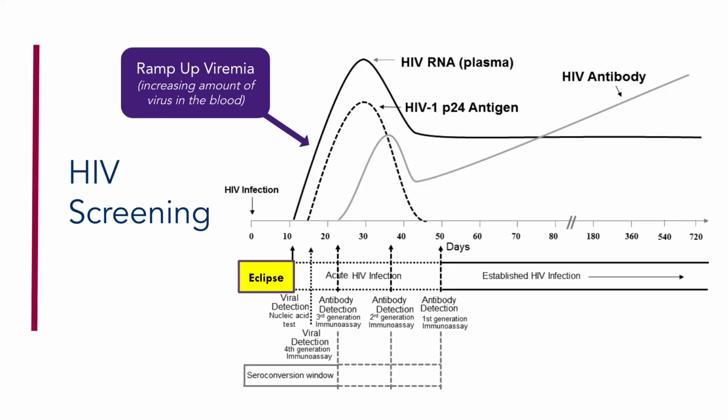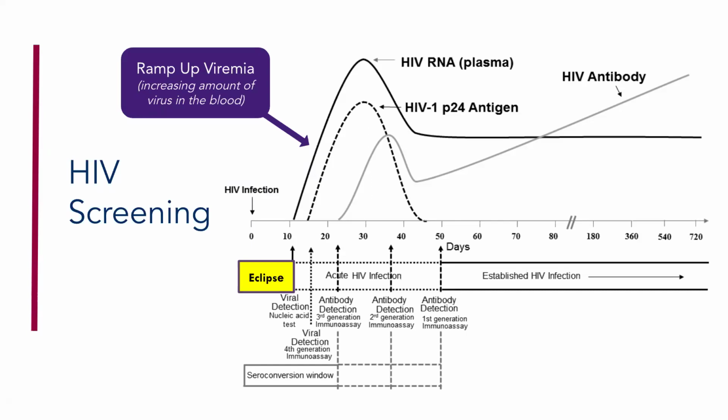So the next test that becomes positive is the P24 antigen. That test becomes positive somewhere between day 10 and 21, once HIV has broken into the bloodstream and is replicating. Once the viral load hits roughly 10,000, the P24 antigen becomes positive.